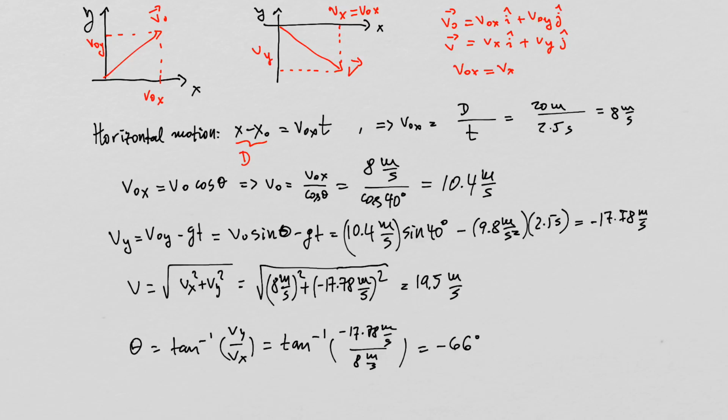So let's sketch this. This is the y axis, this is the x axis, and so the vector is somewhere here. Actually, the vector is not there, the vector is in the fourth quadrant.